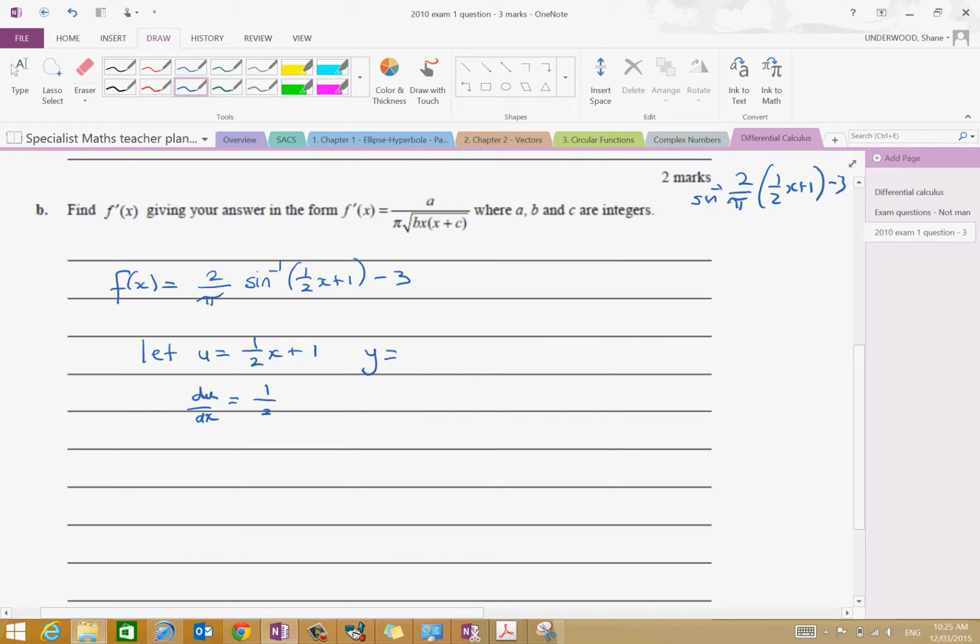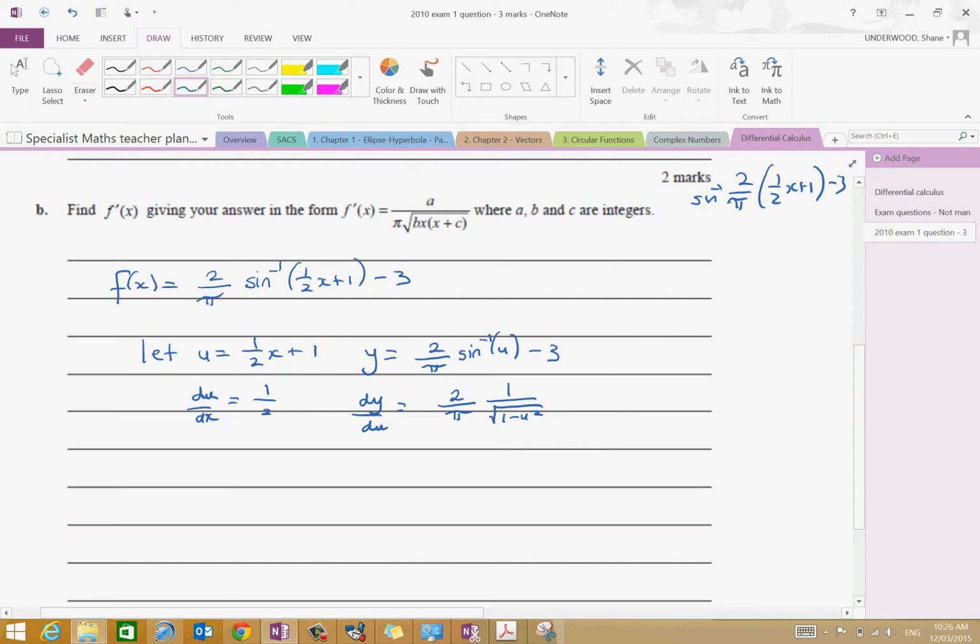y is equal to 2 on pi inverse sine of u minus 3. dy/du is equal to, well, we've got 2 on pi outside of 1 over the square root of 1 minus u squared. Is that correct?